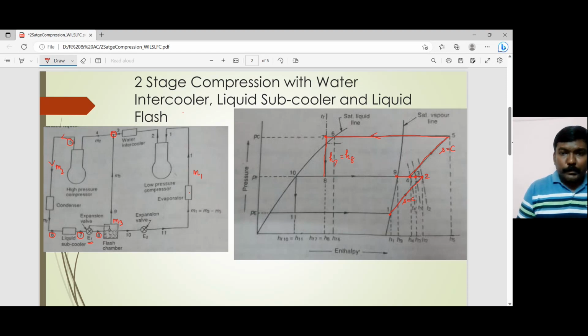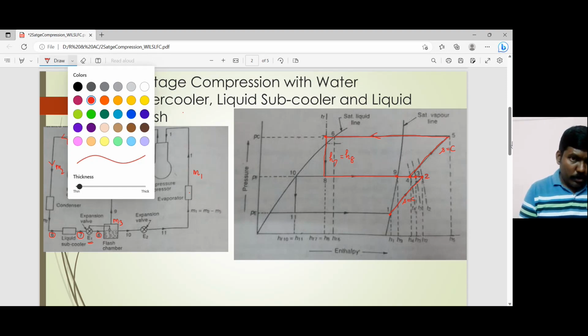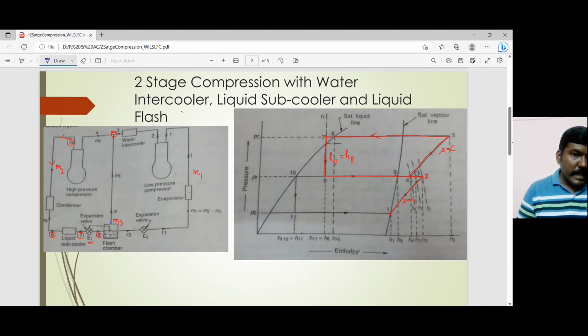Okay, so you can see that is where you have 8, 9. So that is this circuit. Let me change the color to show you that. There is one exit over here, and this exit has a mass flow rate M3.